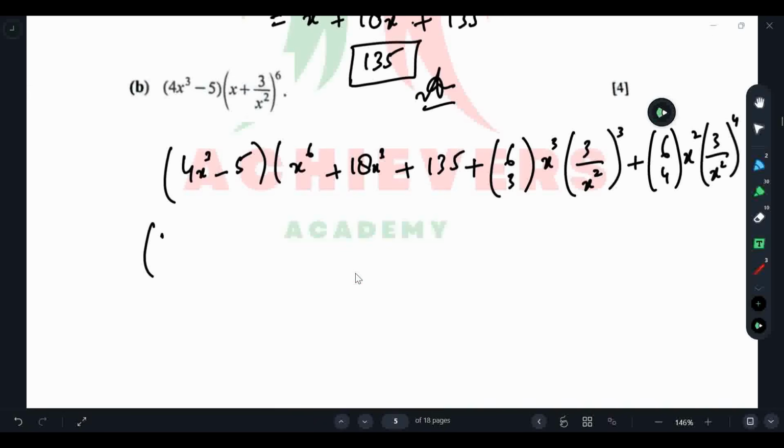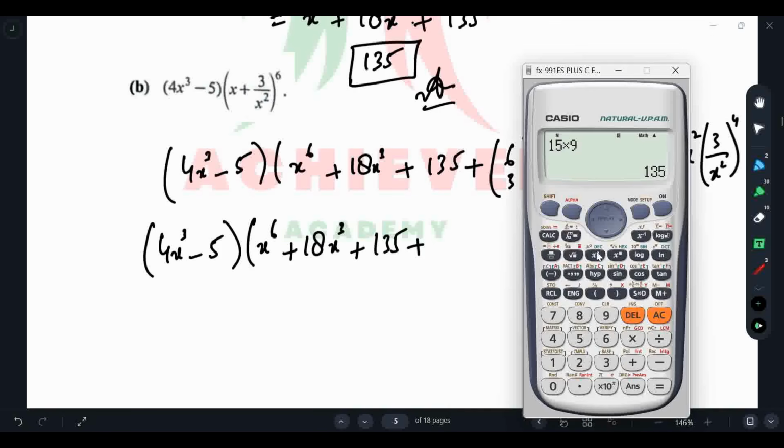So this will be 4x cube minus 5 into x power 6 plus 18x cube plus 135 plus 6c3. So 6c3, this will be 20.